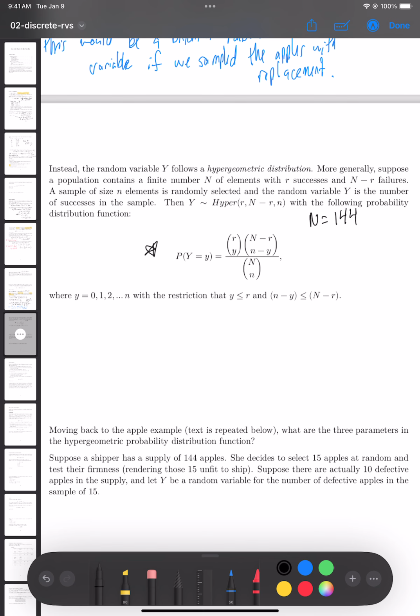So there were 144 total apples. Lowercase n is our sample size, so the shipper had selected 15 apples to sample, so our lowercase n is 15. And then r is the number of successes. We're thinking about a success as the apple being defective. And there were 10 defective apples, so r is equal to 10.